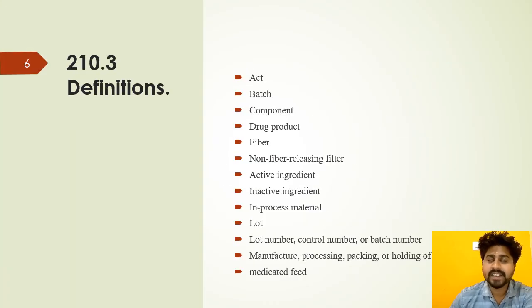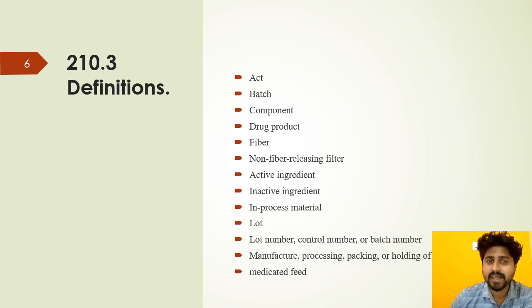And 3, some of the definitions: act, batch, component, drug product, active ingredient, inactive ingredient. These are the definitions which come under this section, and they explain what is act, what is batch, what is drug product, what is active ingredient, what is inactive ingredient.